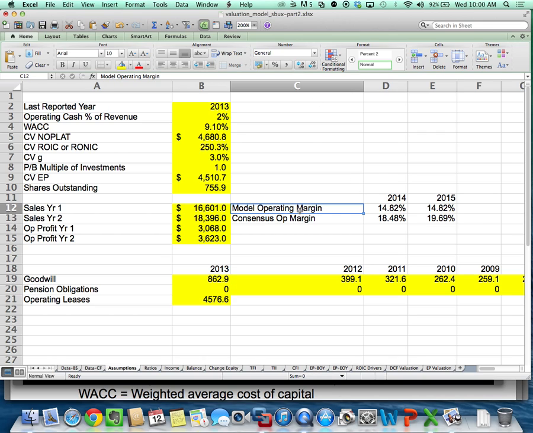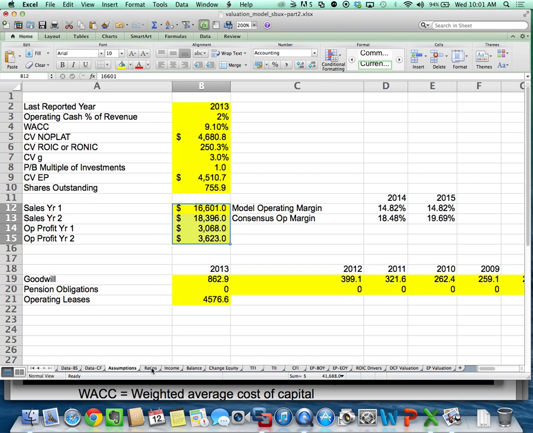So as you can quickly see, the market assumes that Starbucks is going to actually have better margins than what we are currently forecasting. That's probably going to raise their share price. So what we want to do is match our margin model with the consensus. The consensus comes from the earnings estimates that Wall Street currently has on Starbucks.